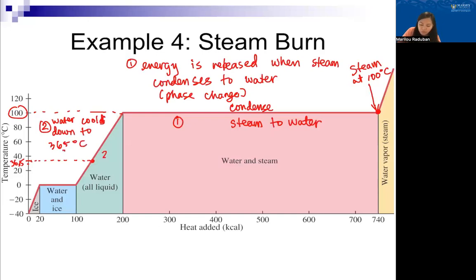So that's that part here. It's a two-step process. First, we need to calculate the energy released during the phase change, and the energy released when water cools down to 36.5 degrees Celsius.